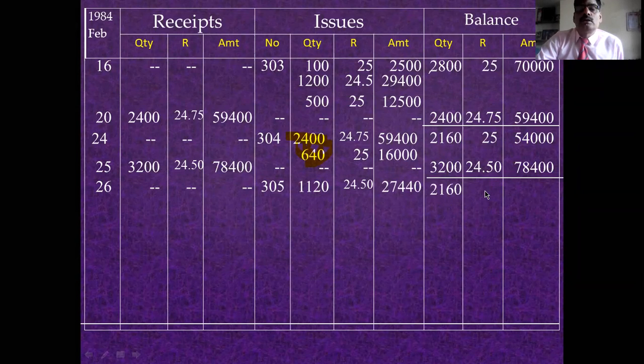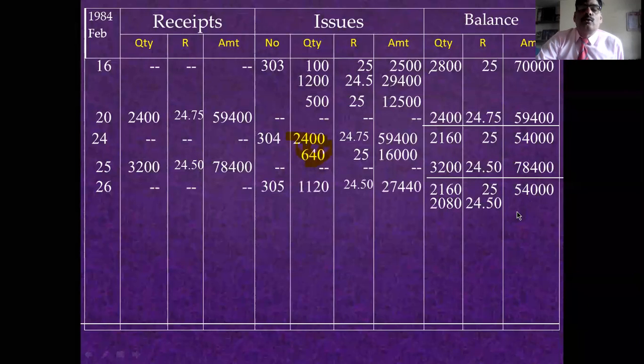Balance is 2,160 at the rate of 25, 54,000. And in the second lot, 1,120 issued. Balance is 2,080, 24.50, amount is 50,960. This is the balance.